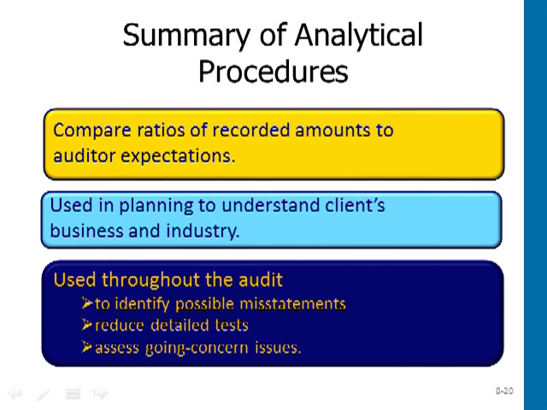And again, if the analytical procedures don't meet our expectations and there's no explanation for that, we may have to increase the detailed tests that are required. And then we use analytical procedures to help us assess the going concern issue, which we'll speak to later, but that's a step where we have to convince ourselves that a company has the ability to stay in business for the next year.